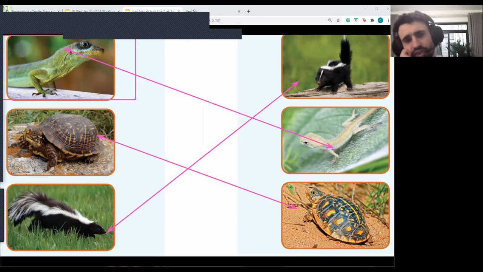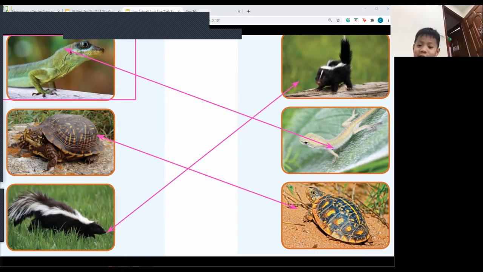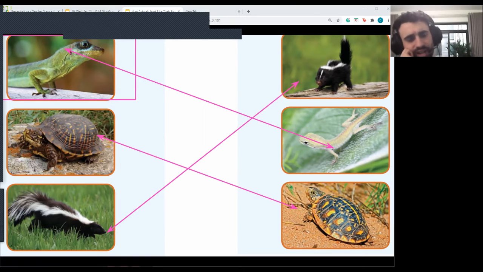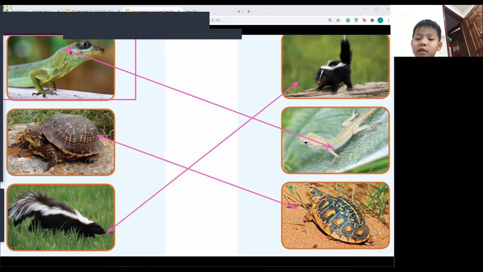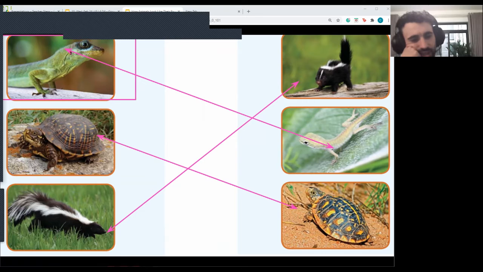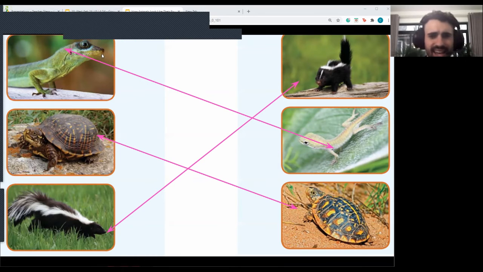What is the reptile covered in? Is it scales? Scales. Yes, scales. This is a reptile, and it's covered in scales. Okay, how about our second animal?